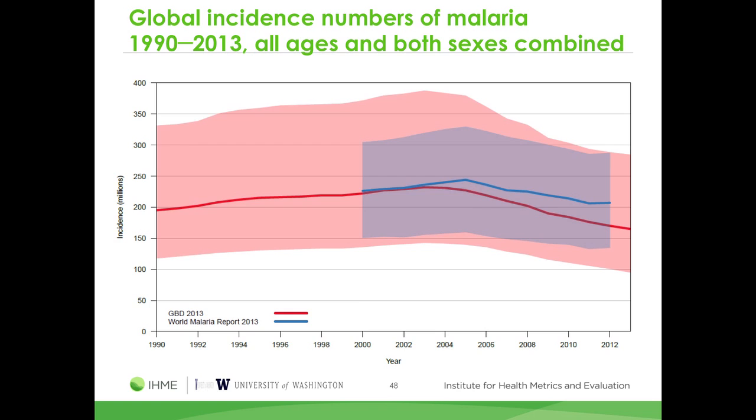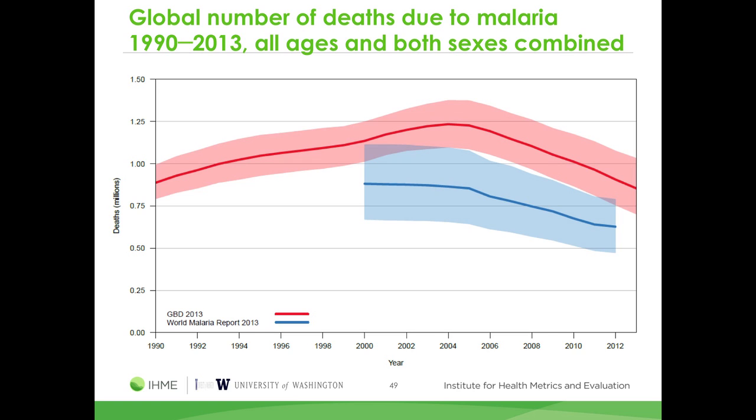On death, however, we have higher death numbers, both in children and in adults, than WHO, although the gap on adults is smaller now because of the shift of not reallocating fever of unknown origin, particularly in Africa, onto malaria.